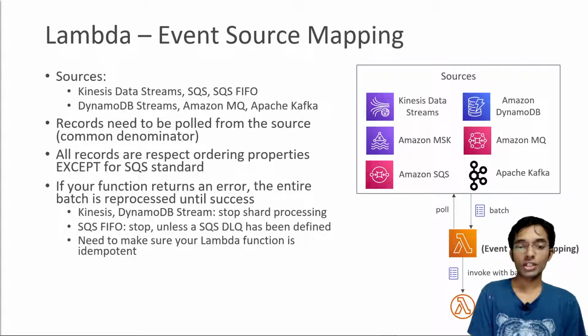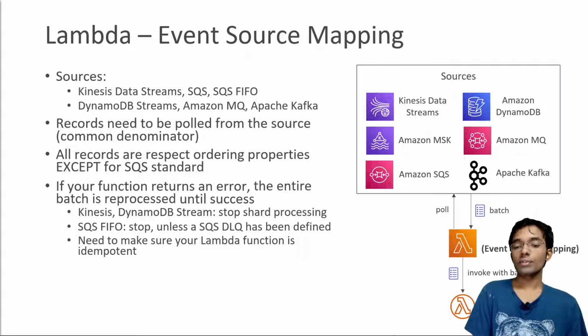So the common denominator between all these sources is that the records need to be pulled from the source and then processed. For all these sources, Lambda is going to say, hey, give me the next batch of data, and retrieve it. All the records are going to be processed in order for these sources and respect the ordering properties, except for the SQS standard, which, as you know, does not have any kind of ordering guarantees.